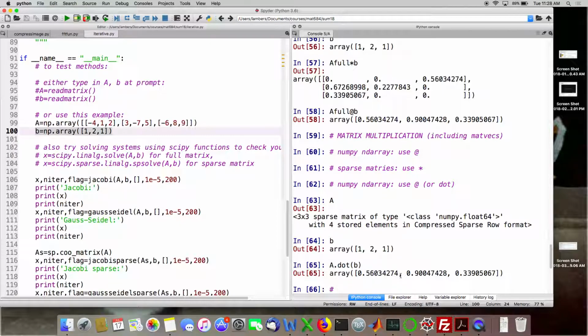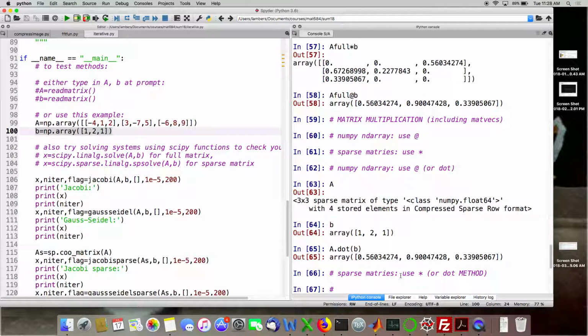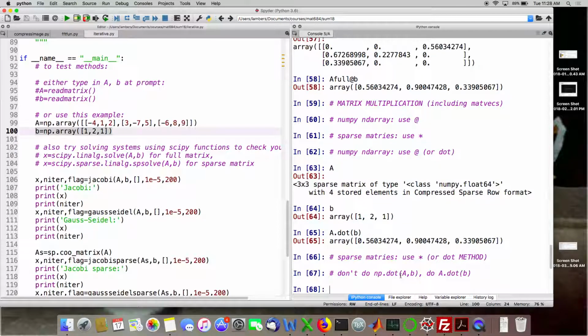So for sparse matrices, use the dot method. In other words, don't do np dot A B, do A dot dot B. Well, this has been joyous.